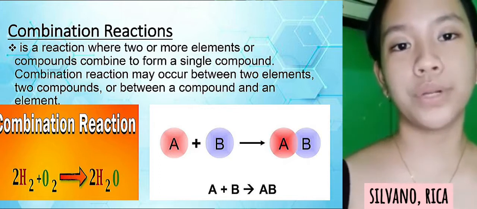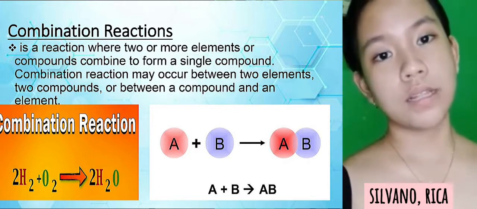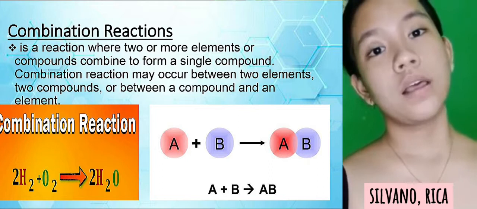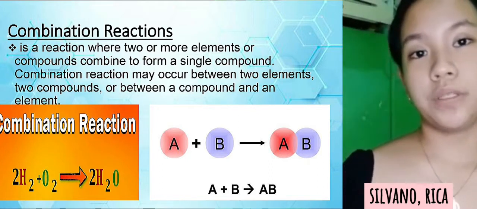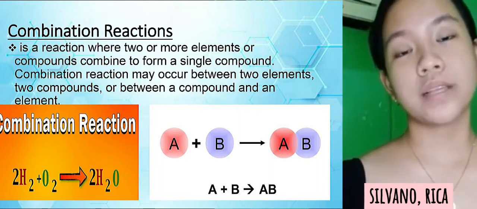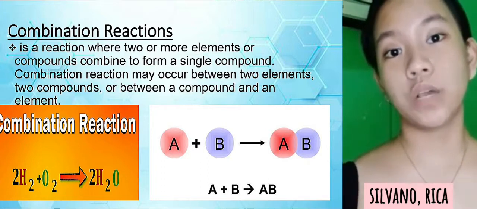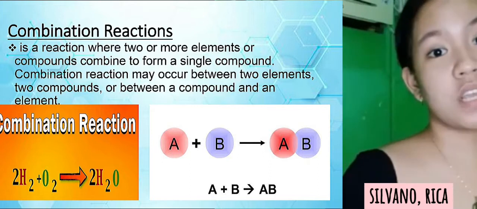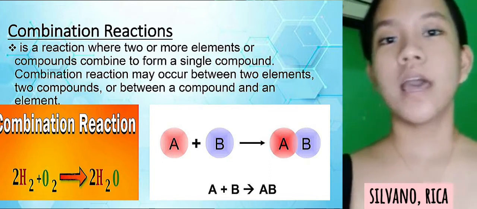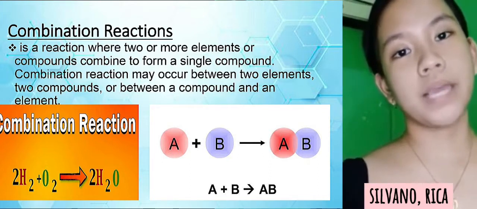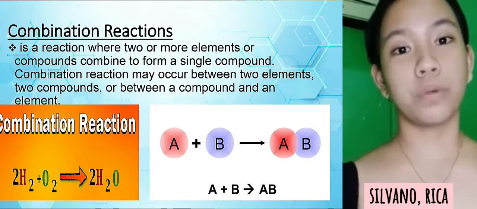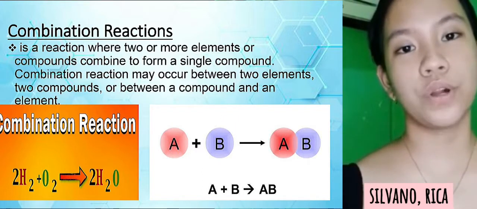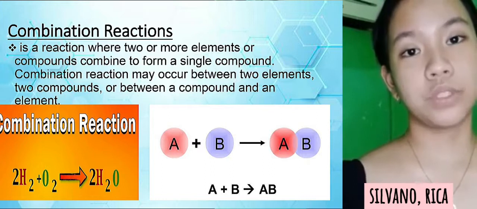So from the word combination, it's like a mix or pair. Here's the example. Based on the example, A plus B is equal to AB, or maybe magnifying plus glass is equal to magnifying glass. It's a process of combining elements using 2 or more substances to form a new product.